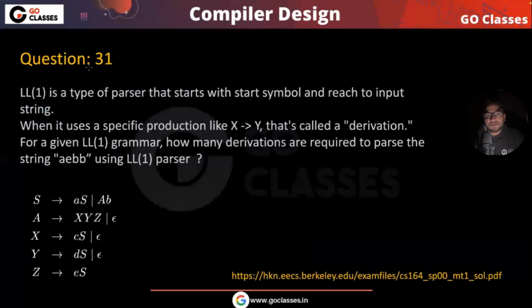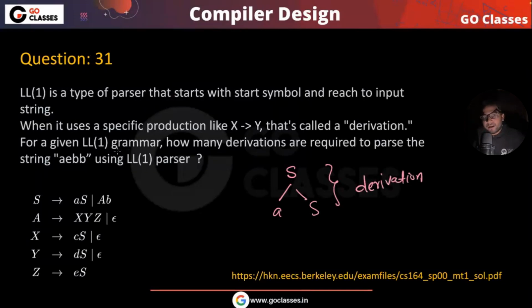Okay, let's just see this question, what they're saying. So let's just read this question. LL1 is a type of parser that starts with the start symbol and reaches the input string. Yeah, that's true, right? It's a top-down parser. Now, when it uses a specific production like X gives Y, that's called derivation. Okay, so which means that in the parsing, let's suppose S gives AS, then whatever production you are using, that's called derivation.